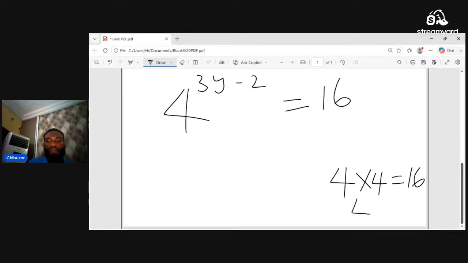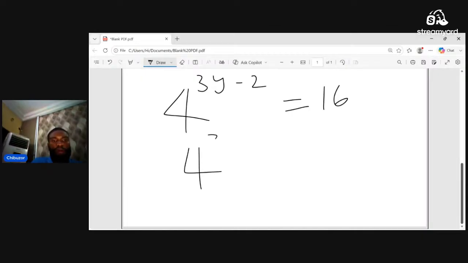And this means 4 raised to power 2 is equal to 16. We now say 4 raised to power 3y minus 2 is equal to 4 raised to power 2.